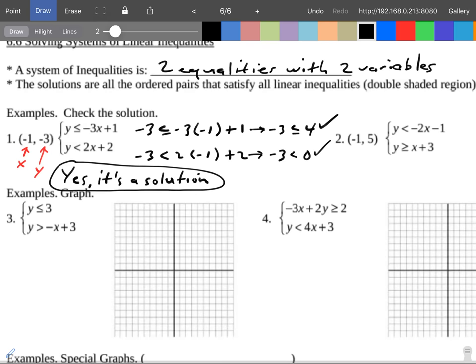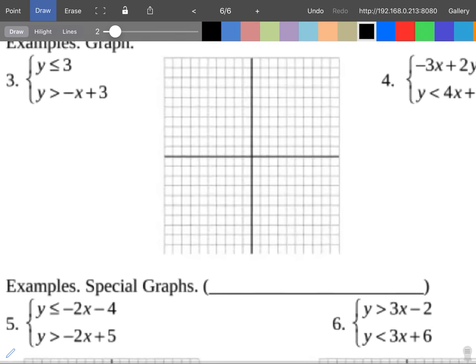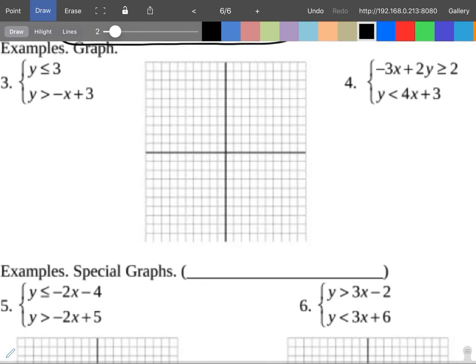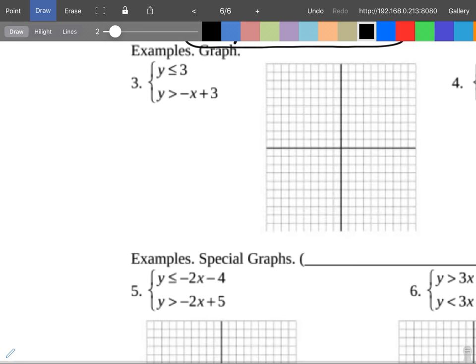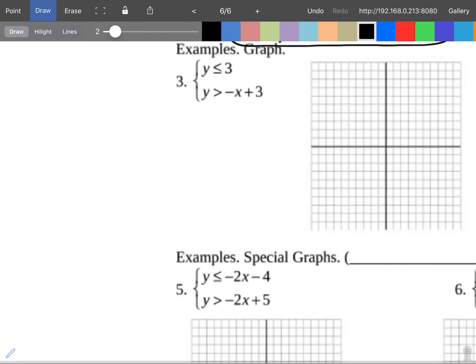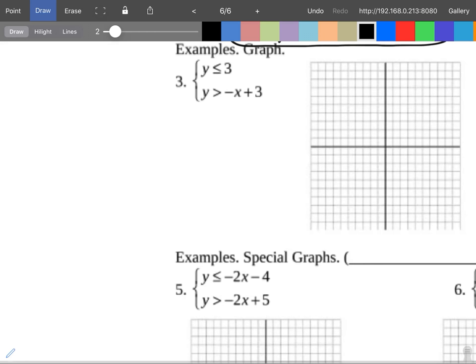All right, so let's go to number 3. That should give me enough room, I think. So I'm going to review the steps from Tuesday, since we weren't here yesterday.